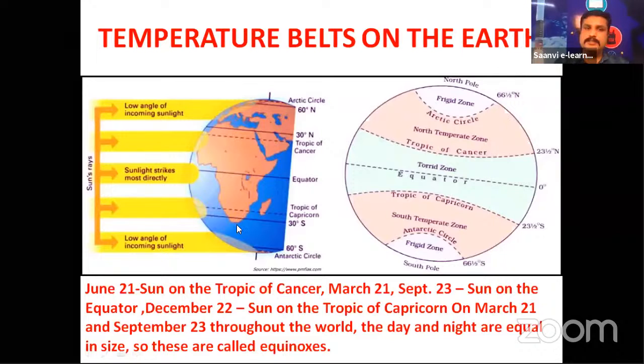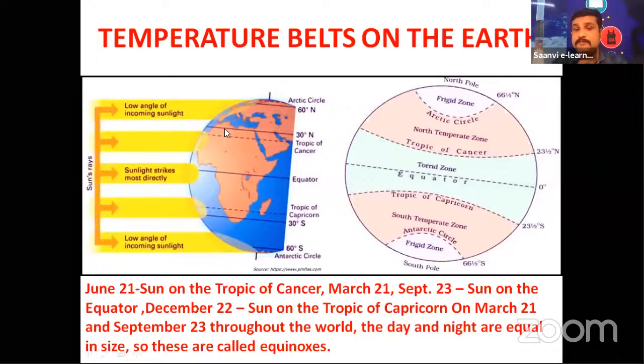Here you have to see some terms. June 21st, sun on the Tropic of Cancer. March 21st and September 23, sun on the equator. What is the Tropic of Cancer? You know what the Tropic of Cancer is? These are all factors influencing the seasons or climate on the earth.